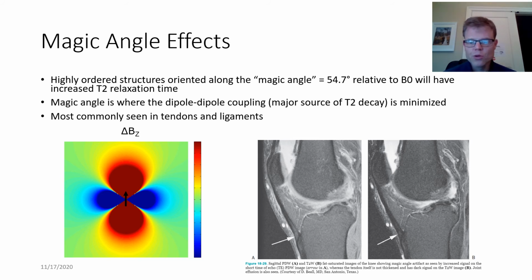Okay, I'm quickly going to cover the so-called magic angle effects. This is an interesting artifact that happens with highly ordered structures, most common in tendons and ligaments, which typically have really short T2 values, less than 10 milliseconds.